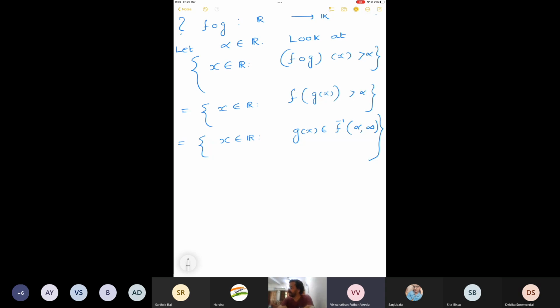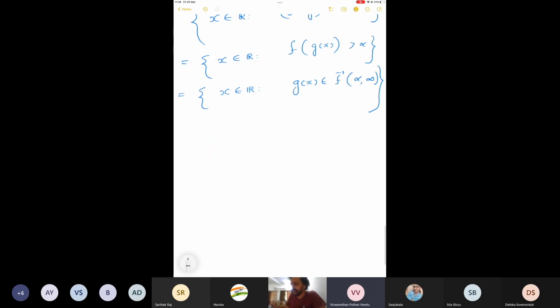But the domain is R, and open sets in R are unions of disjoint open intervals. Therefore I can write f inverse of (alpha, infinity) as the union of Jn, where the Jn are disjoint open intervals. Agree?